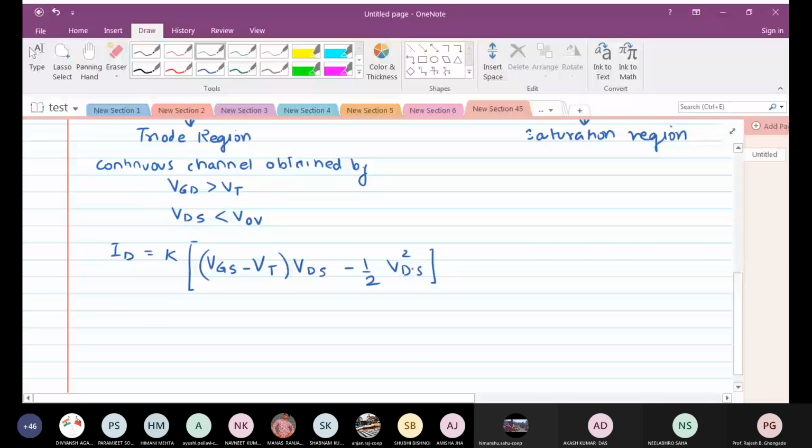Okay, I can write this as ID as half K dash W by L into, just multiplying this by 2, numerator and denominator by 2. Okay, so this will be 2 VGS minus VT into VDS, don't get confused, minus VDS square. So this is the standard equation for drain current in the triode region.